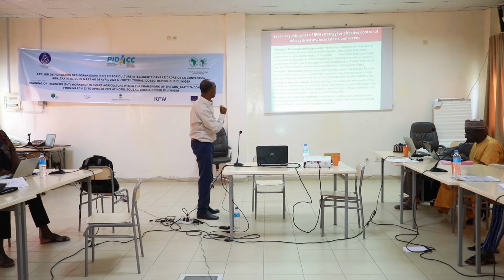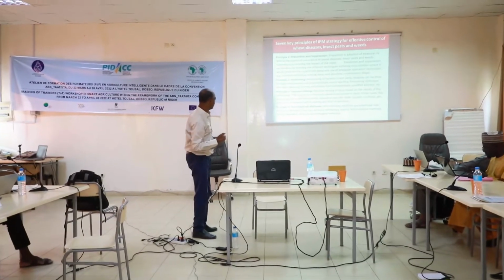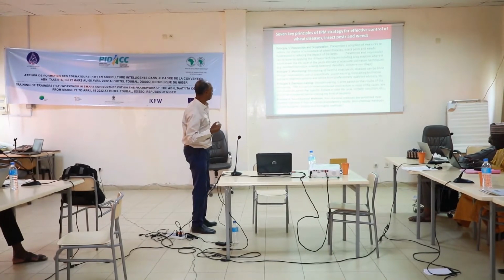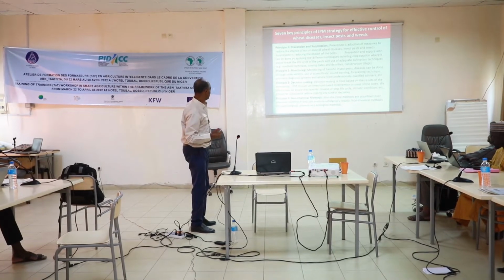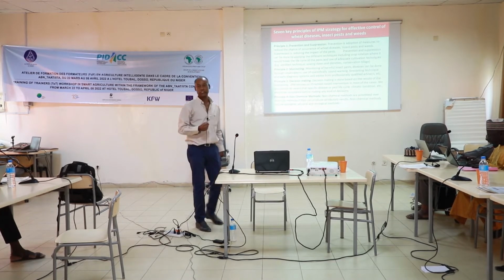Suppression is reducing the impact of the pest. Prevention can be done by applying different techniques, including crop rotation, which would break the life cycle of the pest, and use of adequate cultivation technique, good seedbed preparation, soil depth, density, and conservation agriculture.